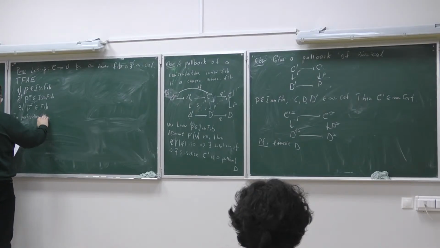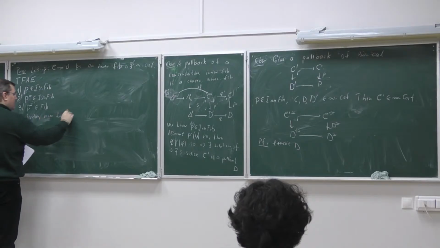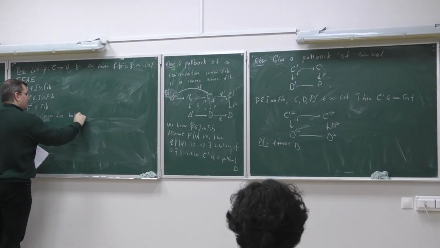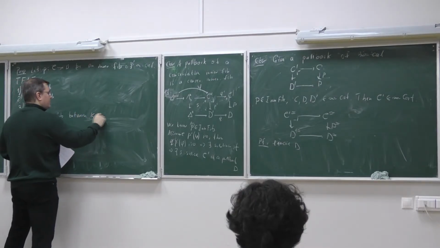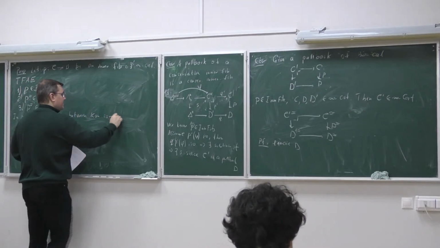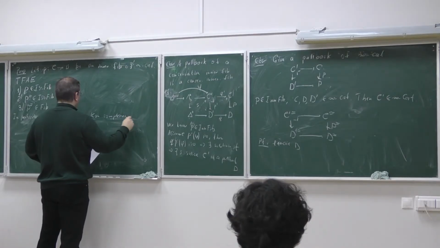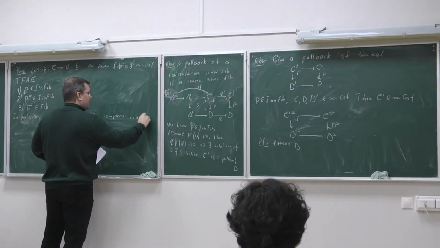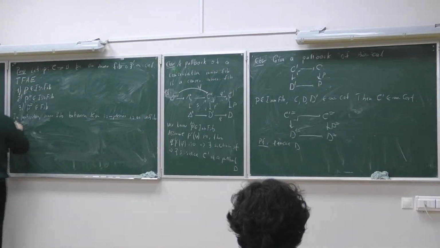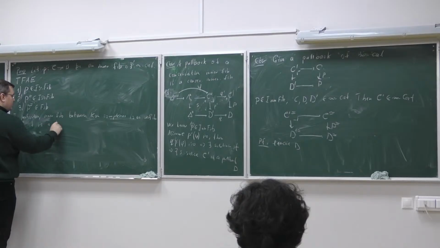An inner fibration between Kan complexes is an isofibration if and only if it is a fibration.